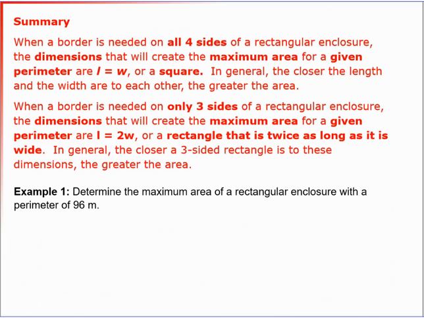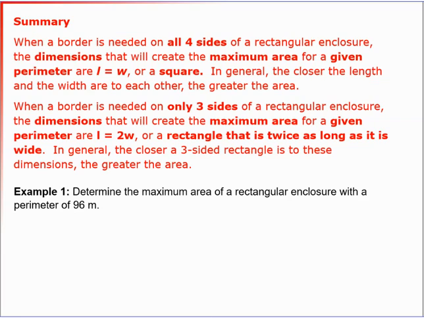So when a border is needed on all sides of a rectangular enclosure, the dimensions that will create the maximum area for a given perimeter is when the length is equal to the width. In other words, a square. In general, the closer the length is to the width, the greater the area. So sometimes you're going to have questions where you can't do that, so you just get as close as possible to the square dimensions.